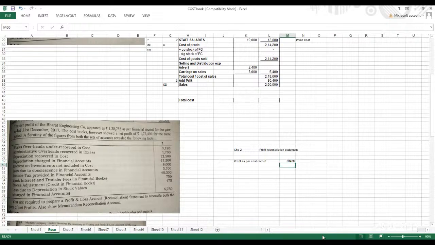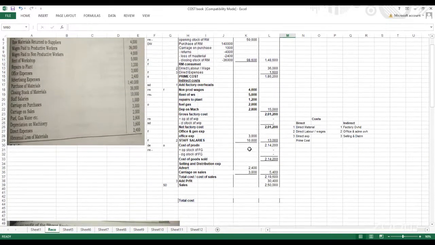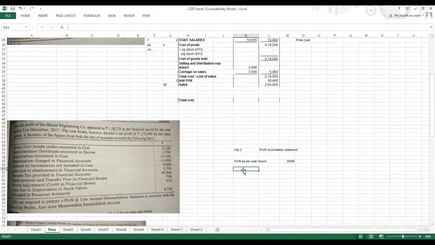From the same details, the company must have prepared a P&L account also. So the profit as per P&L account will also be given. That may be 40,000, we don't know.